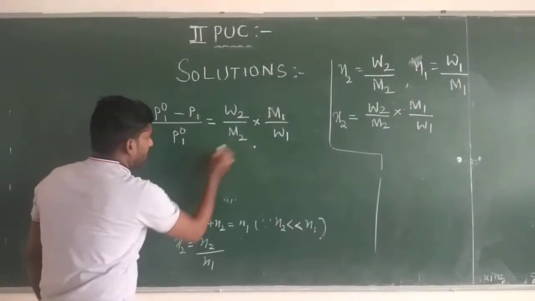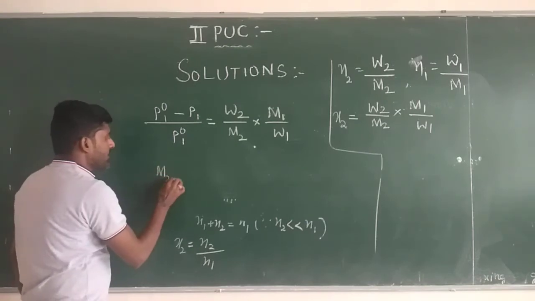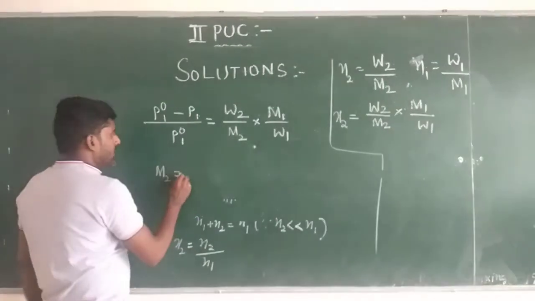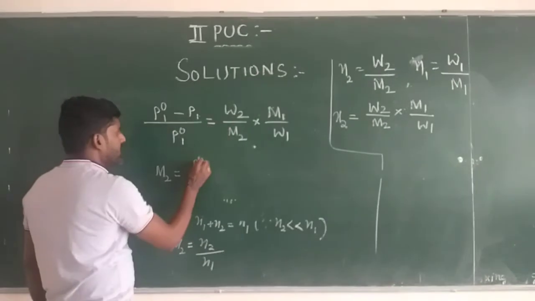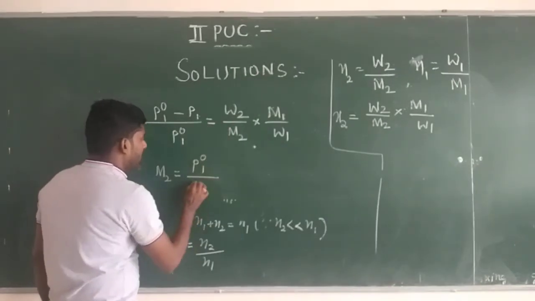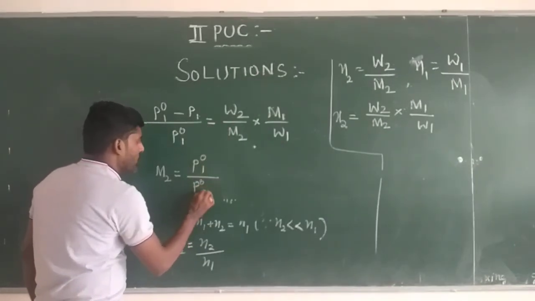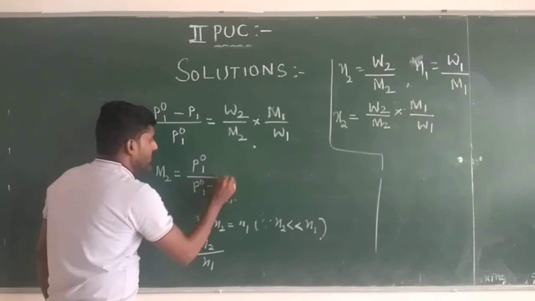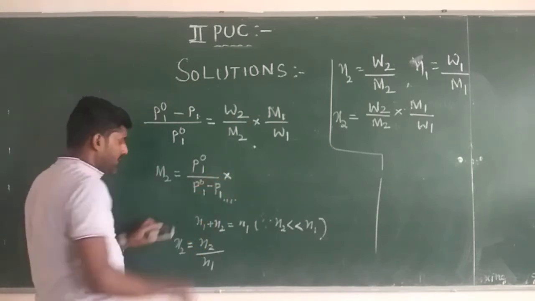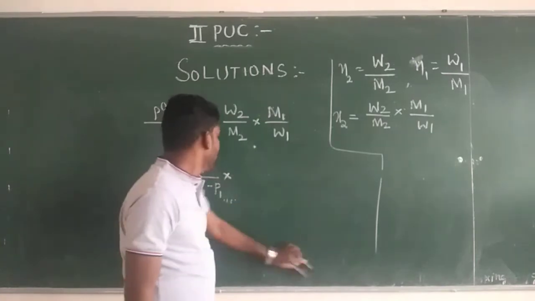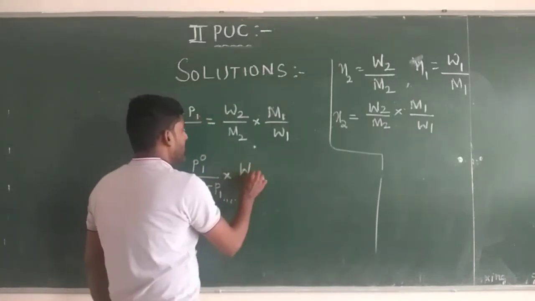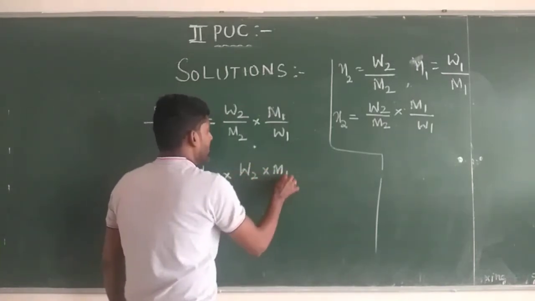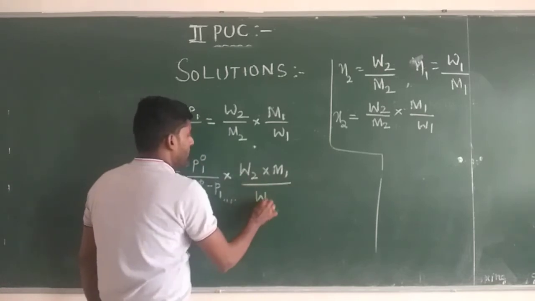From this, the molecular mass M2 can be written, by rearranging, as P01 divided by (P01 minus P1) into W2 into M1 divided by W1.